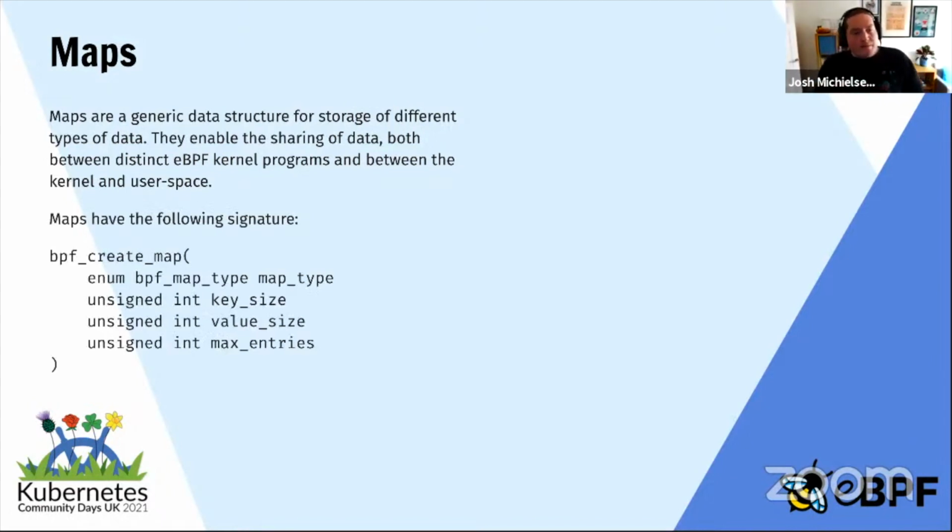When you create a map, you need to give it a few different bits of information: the map type, and we'll see some examples of those in a moment, and then the key size, value size, max entries, that kind of stuff. Keep in mind these things are written in C, so we need to provide a memory footprint for these different aspects.